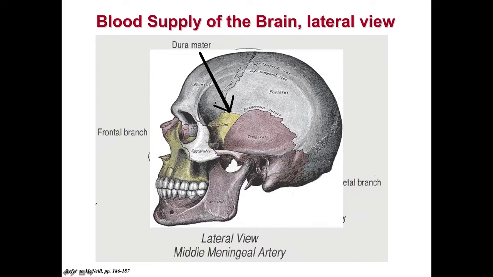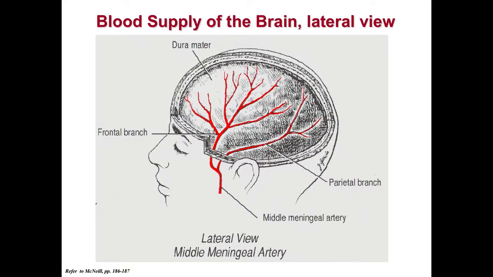If you break and crack into this particular area, you're more likely to hit the middle meningeal artery's frontal branch, and that can lead to epidural hematomas that can ultimately kill people. So that's a region that's important for it.